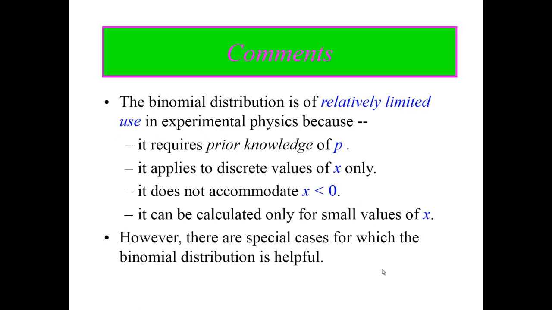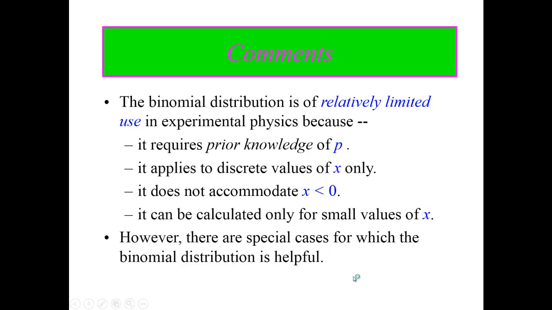Now, a couple of comments before we move on to the next probability distribution. The binomial distribution function, although it's very useful for things like flipping coins or rolling dice, is of pretty limited use in most of experimental physics because it's defined in terms of the probability for success in any given trial. And we don't usually know what p is in most experiments that we do.